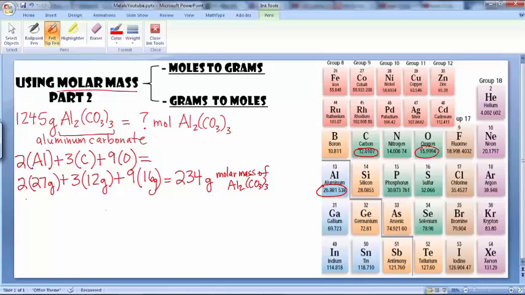So as I said, I want you to write 1 mole of Al2(CO3)3 is equal to 234 grams of Al2(CO3)3.